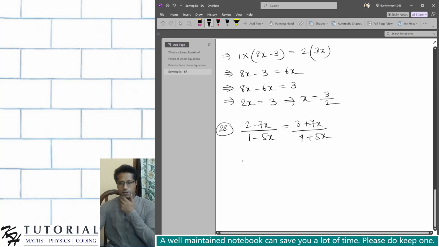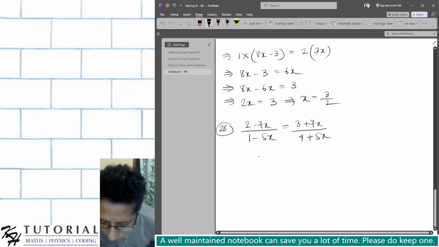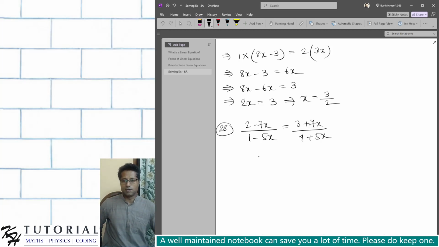Now you can see that this equation is definitely not in the linear form, because both the LHS and the RHS are not polynomial. But you can do cross products.